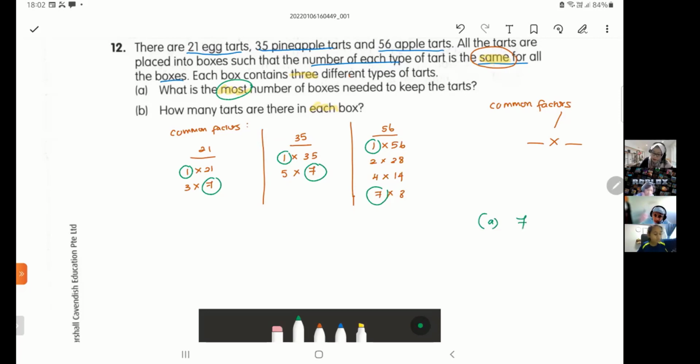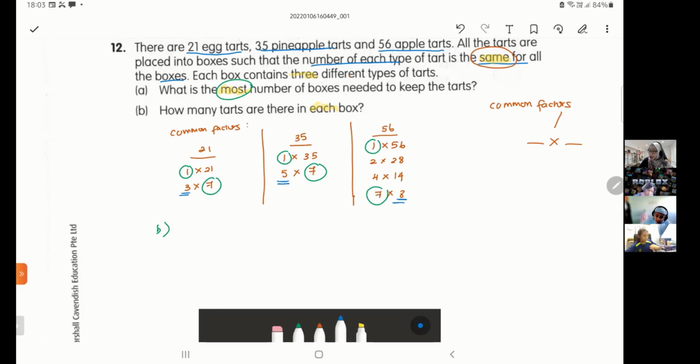Then for part B, how many tarts are there in each box? So you look at the 7 and then you look at the number that is what times 7 give you each of 21, 35 and 56. Look at that number, okay? So this is 3, this is 5 and this is 8.